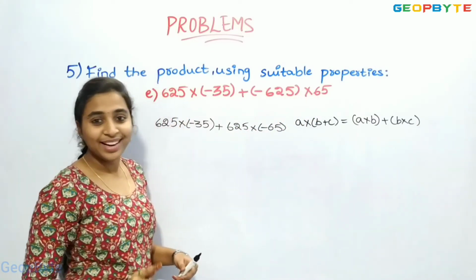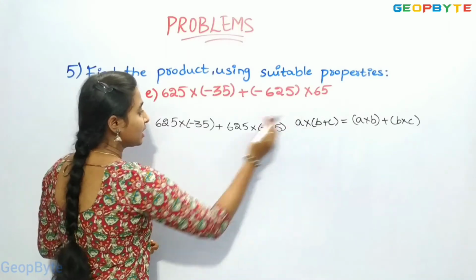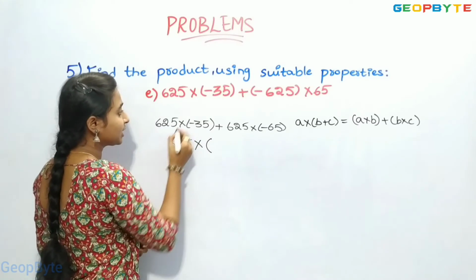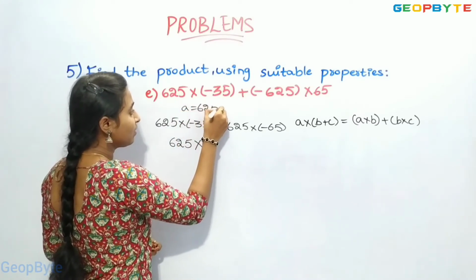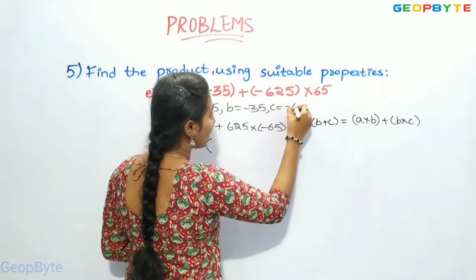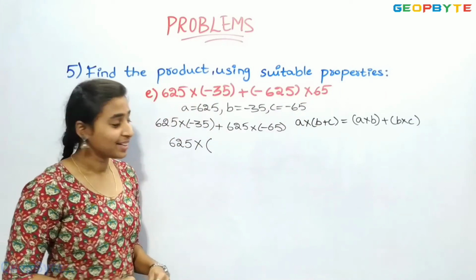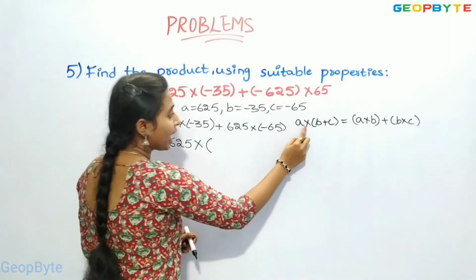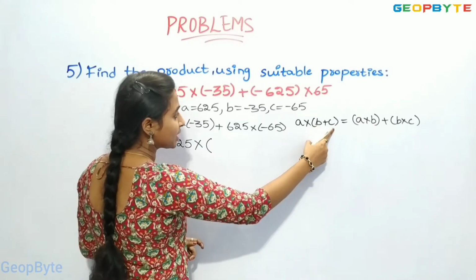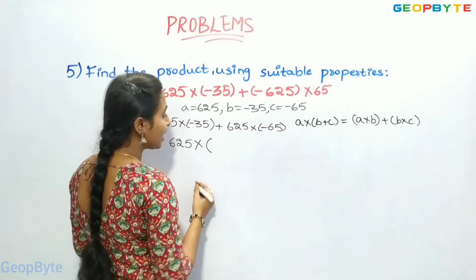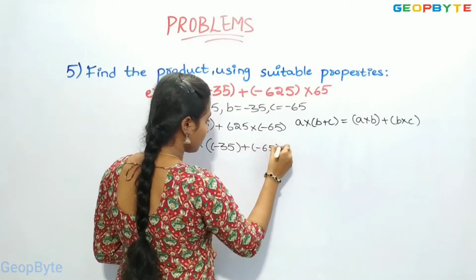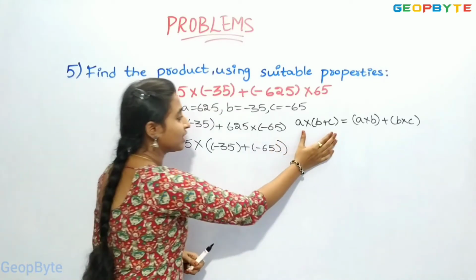Now, let us write in this form, that is 625 into, as we considered A as 625, B as minus 35 and C as minus 65. Now, A into B plus C, that is 625 into B plus C, minus 35 plus of minus 65. Right? We have written in this format.